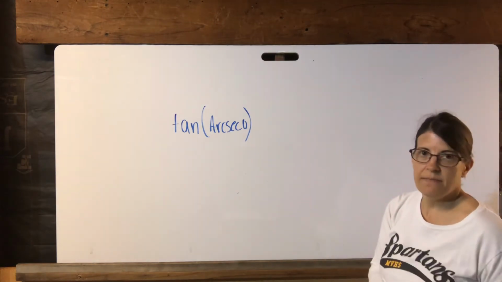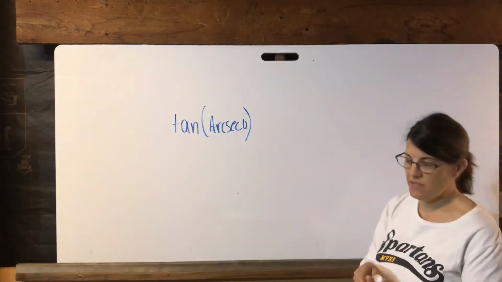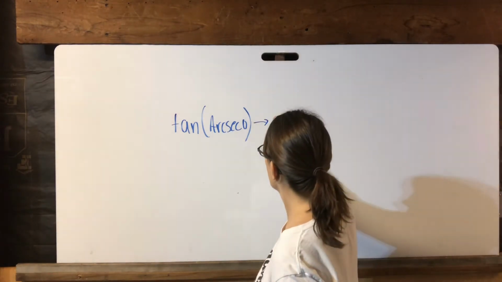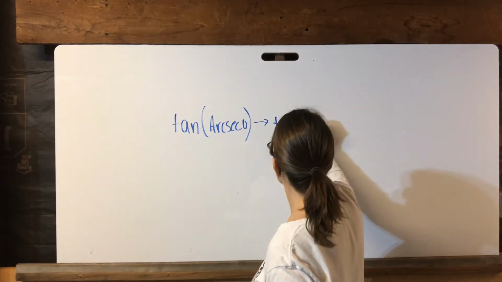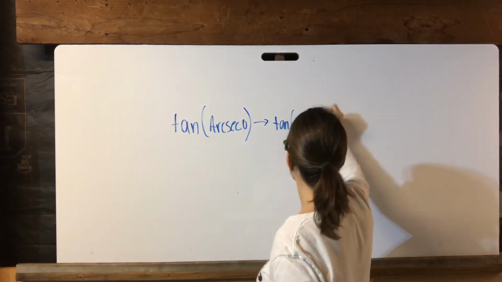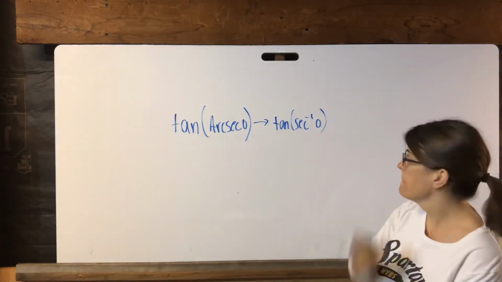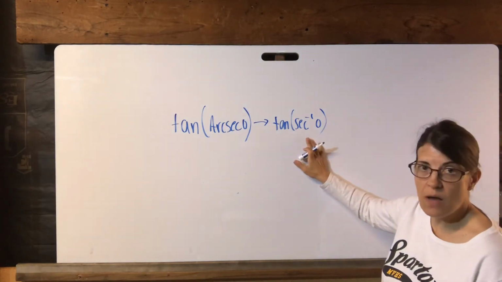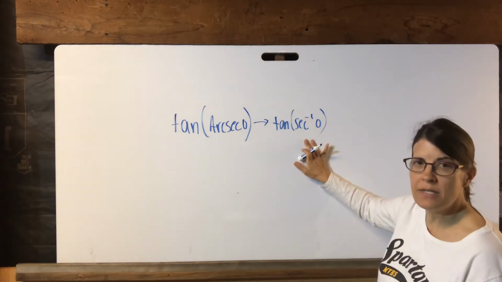Arc secant is just a fancy way of saying the inverse secant of 0. This is some angle whose secant is 0.